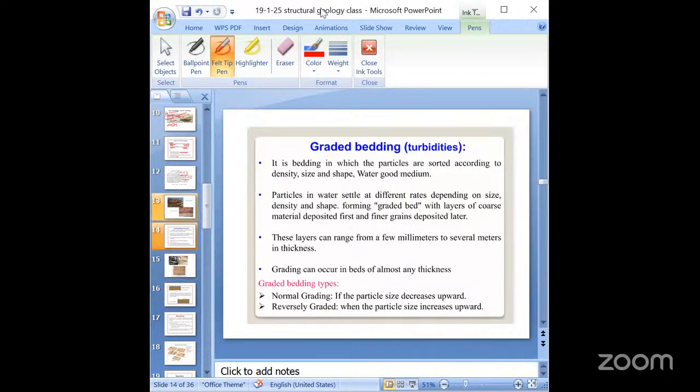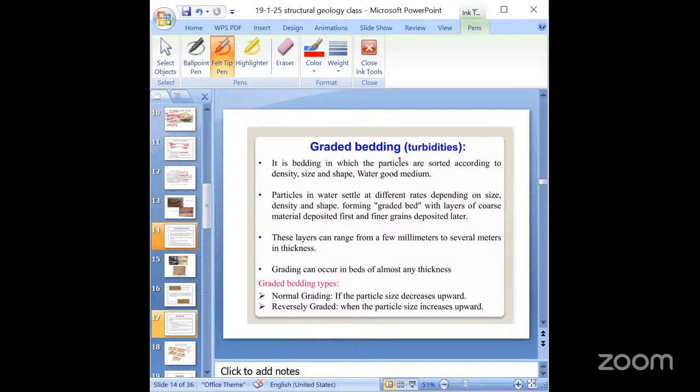Now the next one is graded bedding. They show progressive variation of grain size from coarser at the bottom to finer towards the top of a bed in a gradational manner, right?